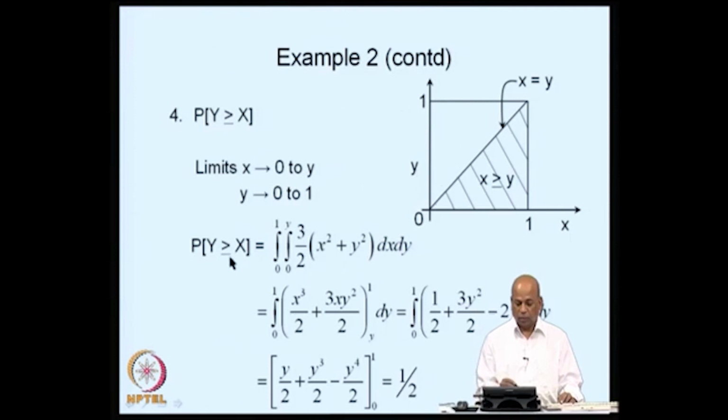So, as you can see, x varies from 0 to y and y varies from 0 to 1, and by integrating you get the probability of y being greater than or equal to x as 1/2.